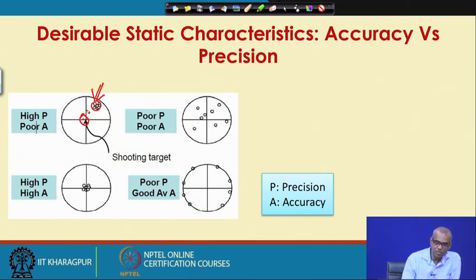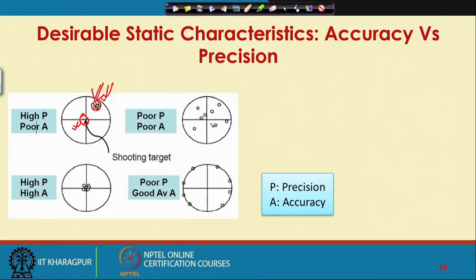This is a case of high precision, but poor accuracy, because you have never been able to hit the target exactly, you have always hit away from target. So, accuracy is low, but every time you have hit around the same place, so precision is very high. High precision does not guarantee high accuracy.